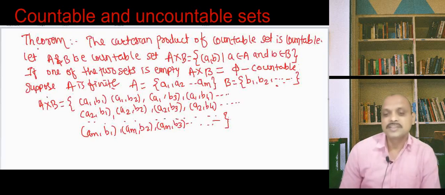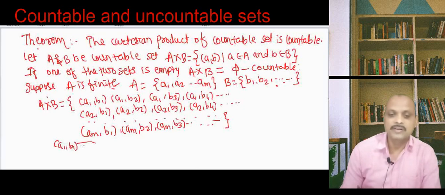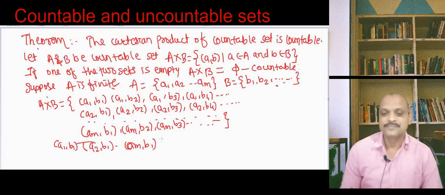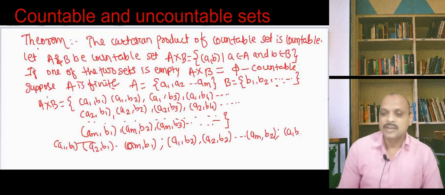Now we arrange these elements of A cross B such that (a1, b1), then (a2, b1), up to (am, b1); then (a1, b2), (a2, b2), up to (am, b2); then (a1, b3), up to (am, b3), and so on.